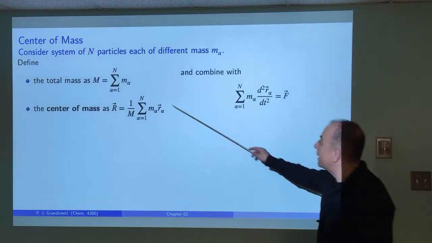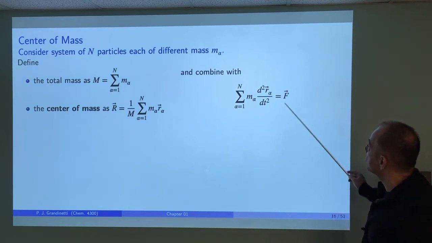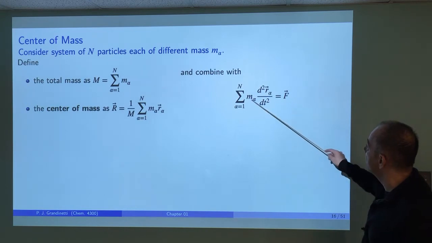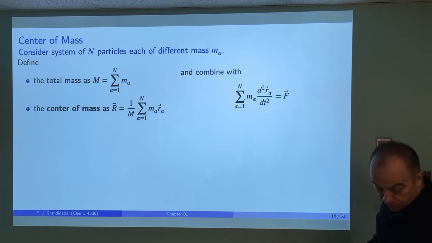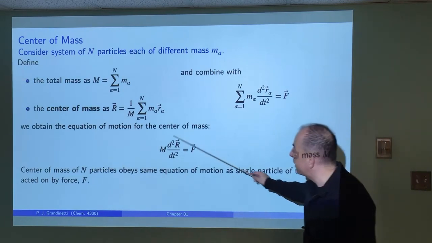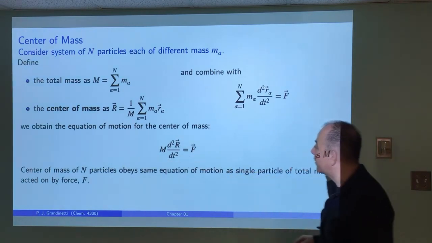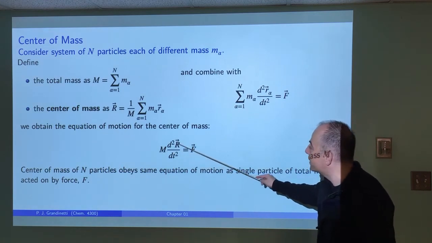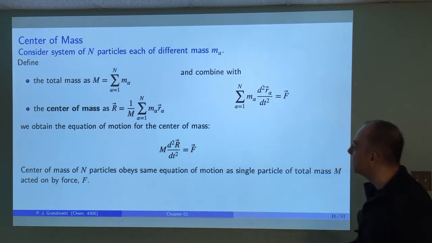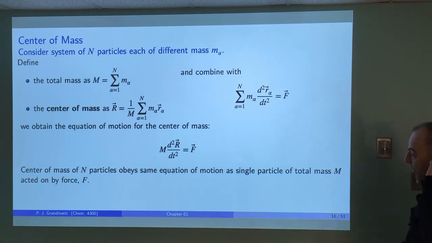If we combine these two definitions with Newton's expression for the total force, which is equal to the sum of the mass times the individual particles' accelerations, then we can obtain the equation of motion for the center of mass, which is that the total mass times the acceleration of the center of mass is equal to the force acting on the total system.